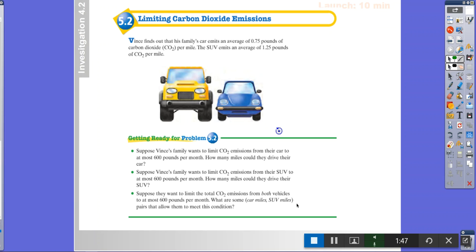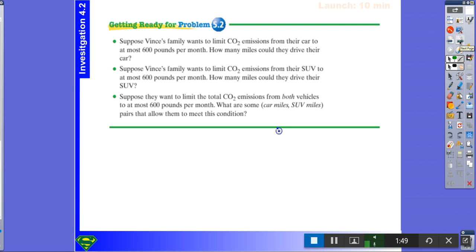All right, so let's give ourselves a little bit more room. Looking here, we know that the car produces 0.75 pounds per mile. We want to keep 600, and it says at most.